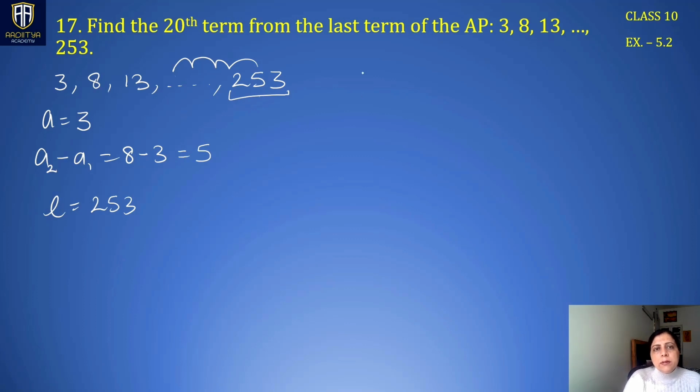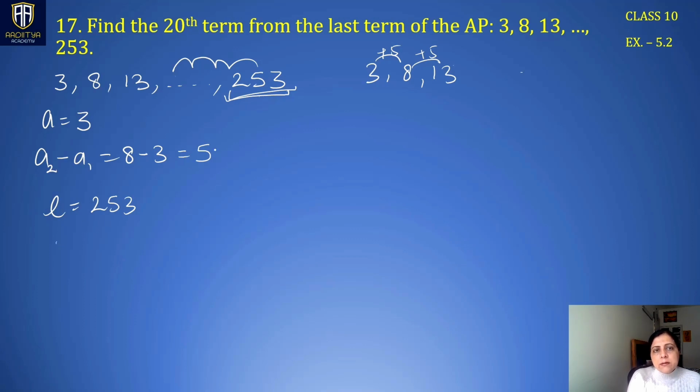Now what we have to learn is, you can see that if we go forward, we are adding 5. Just try to analyze this. This sequence is obtained by adding 5 to the previous number. We add 5 to 3, we get 8. 5 to 8, we get 13, and so on. If we have to move backwards, we have to subtract 5 from this term and so on. So now I am moving backwards, considering the sequence this way.